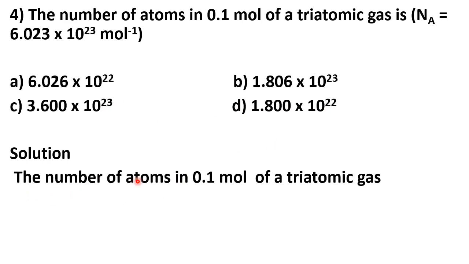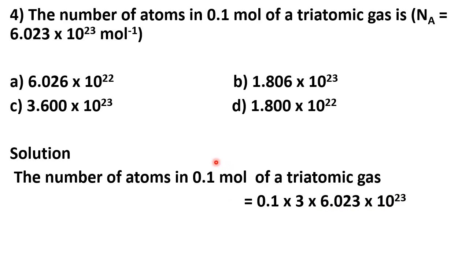So, the number of atoms of 0.1 mole of a triatomic gas is 0.1 into 3 into 6.023 into 10 raised to 23. So, 1 mole of any gas, monoatomic gas, contains Avogadro number of particles, that is 6.023 into 10 raised to 23.